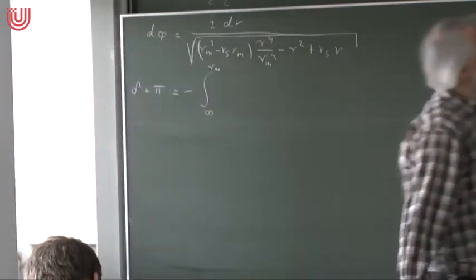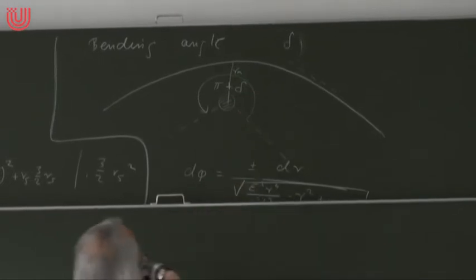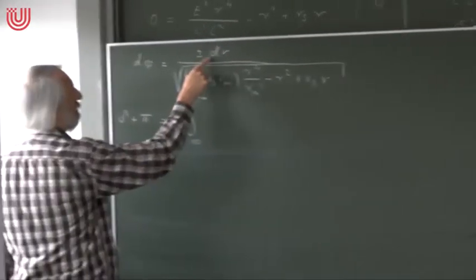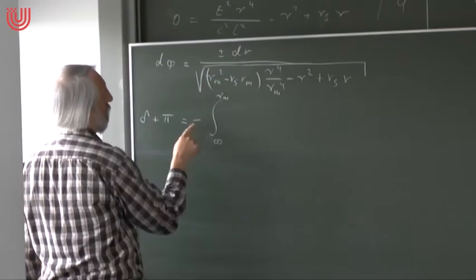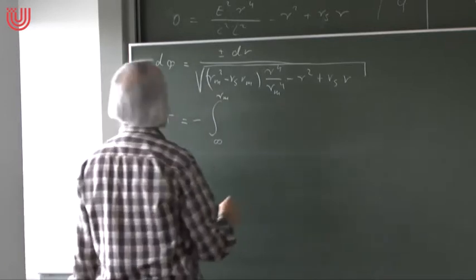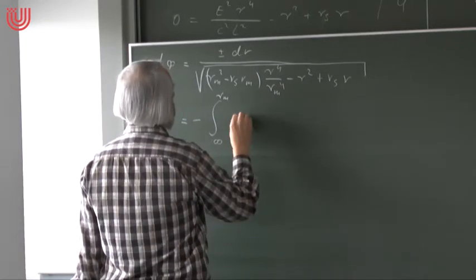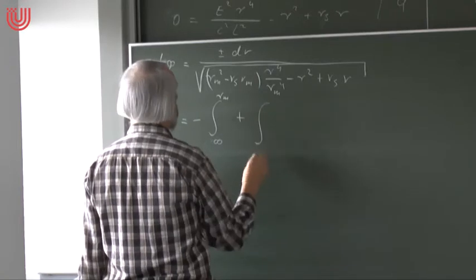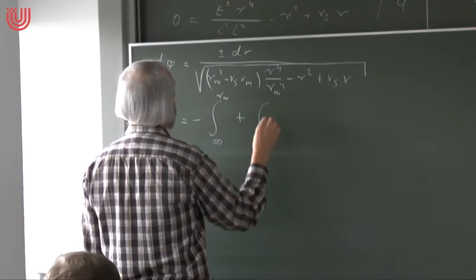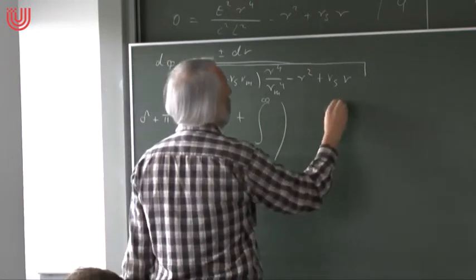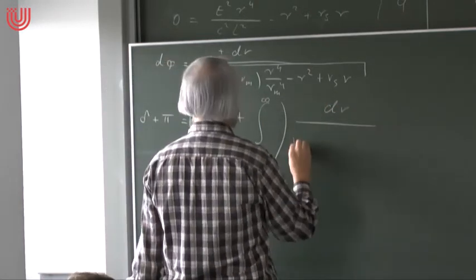Yeah, it is this leg. I start here and I integrate up to the point of closest approach. On this leg, the dr is negative, r is decreasing. I begin at infinity and I end at Rm. And then I have the second integral. There the r is increasing, so I have a plus sign. I begin at Rm and I end at infinity. And that's what I have to calculate.